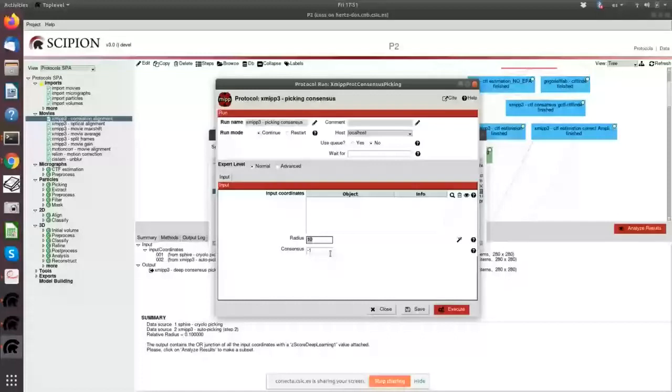And this consensus number gave you a little bit of flexibility in what coordinates to keep.